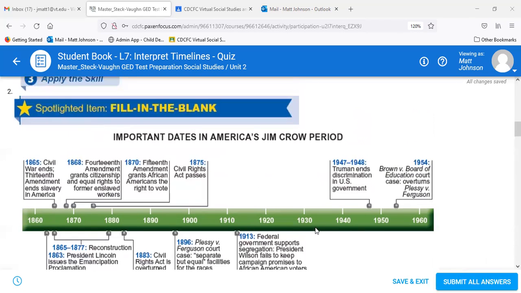Finally, we have this period where segregation continued, and in 1947 and 48, Truman ended discrimination in the U.S. government. There was segregation in the military between white and black troops, and he was very unpopular. This is where you get the Southern Democrats. Truman was a Democrat.